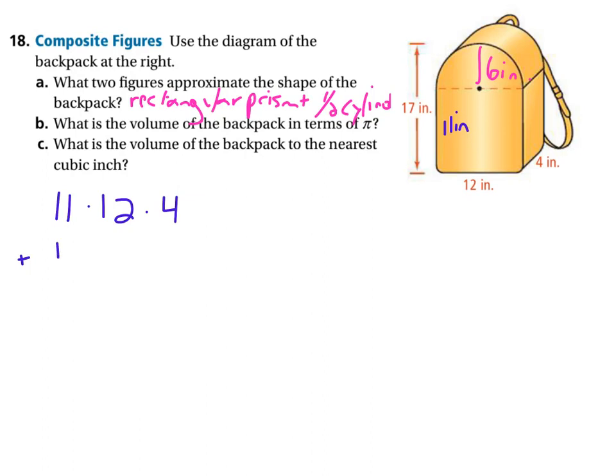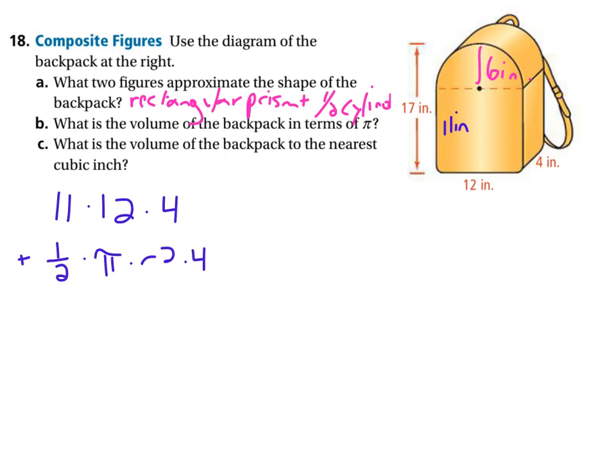Since it's only a half cylinder, we're going to say 1/2 of the area of a circle formula, pi times the radius squared, and then times the height. You can see that the height is actually the distance between the two half circular bases here, which is 4 inches.